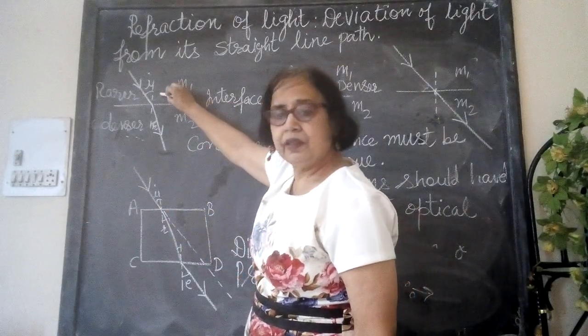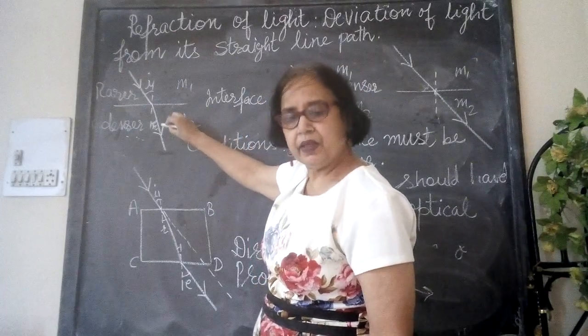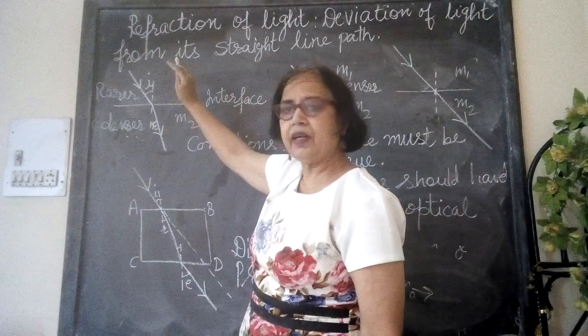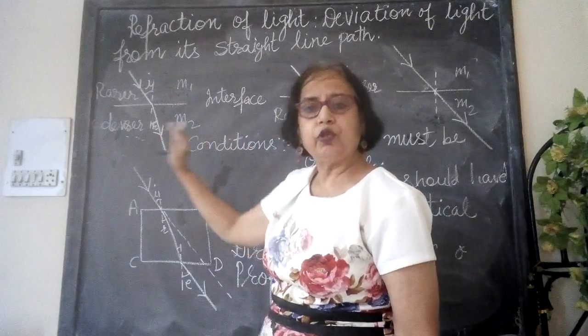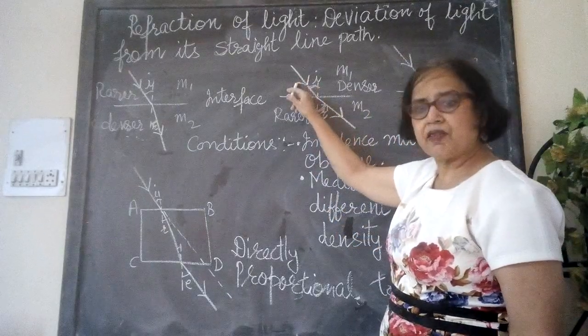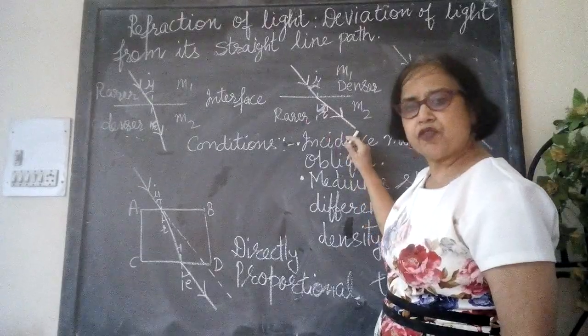So here wave speed is more, here wave speed is less, right? But frequency remains the same. That is why, going from rarer to denser, it bends towards the normal. Now when coming from denser to rarer, it was slow, but it became fast over here.